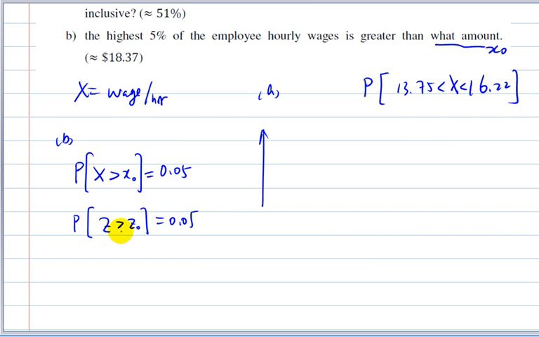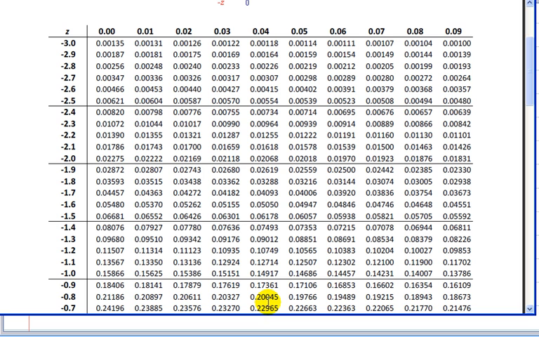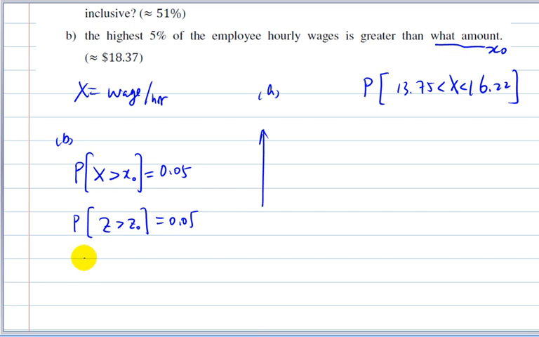So it's actually pretty easy. What value produces z greater than z naught? Let's look at the z table here. So this is equal to that, which means the area, z naught here, this is 0.05, right?